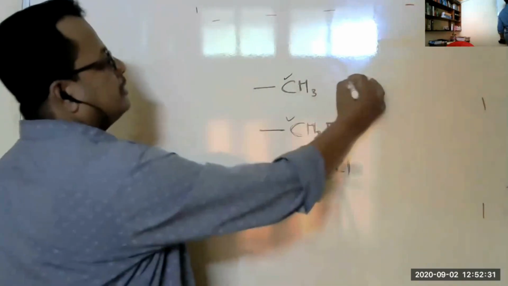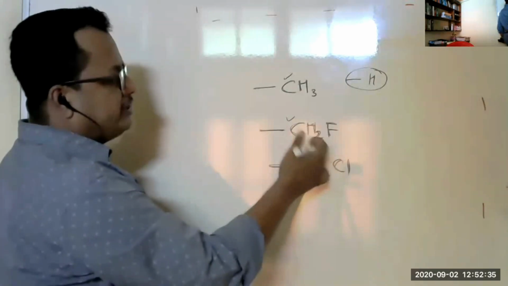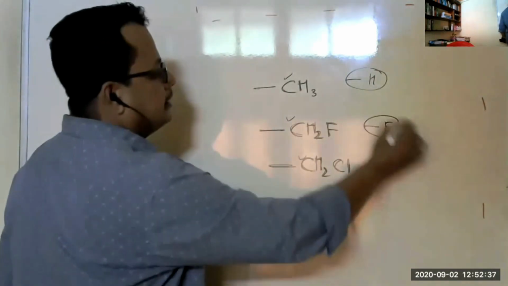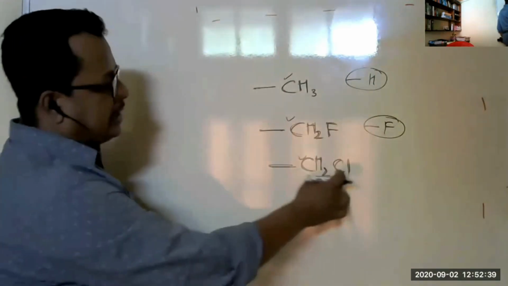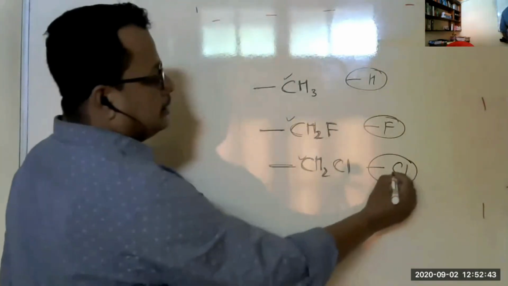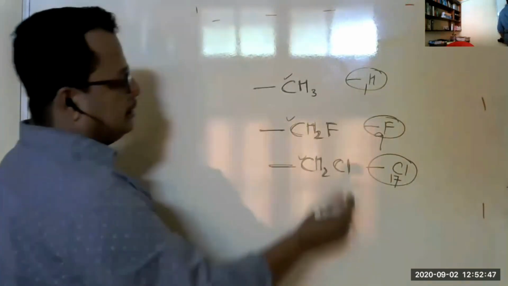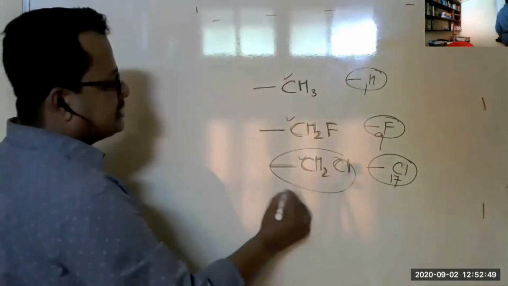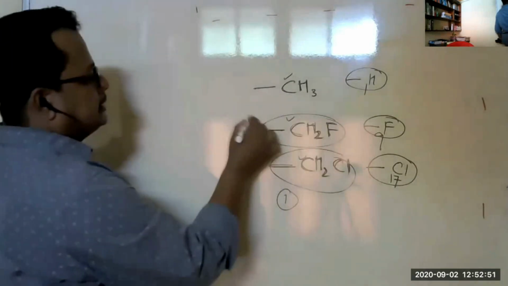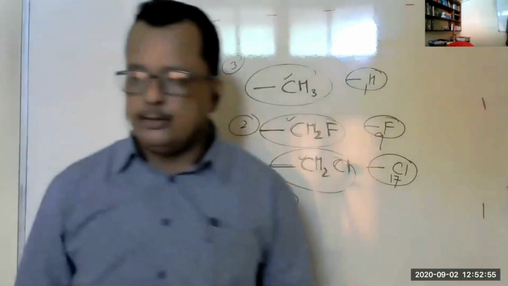Here the second atom is hydrogen, the second atom with higher atomic number is fluorine, and the second atom with higher atomic number is chlorine. So chlorine atomic number 17, fluorine 9, hydrogen 1. So this one will get highest priority, this one second highest, and this one third highest priority.